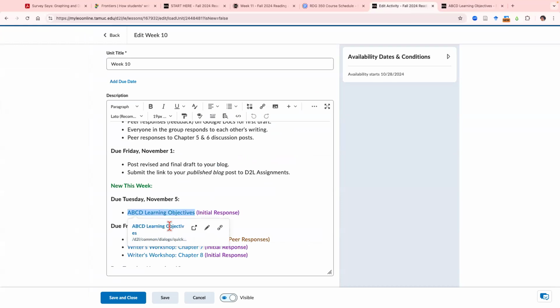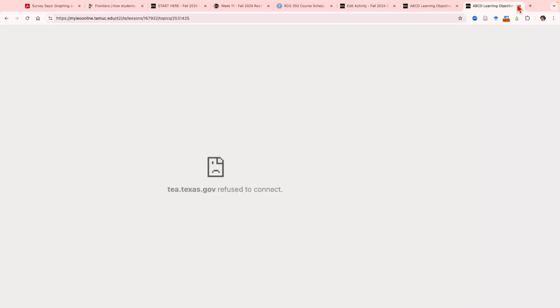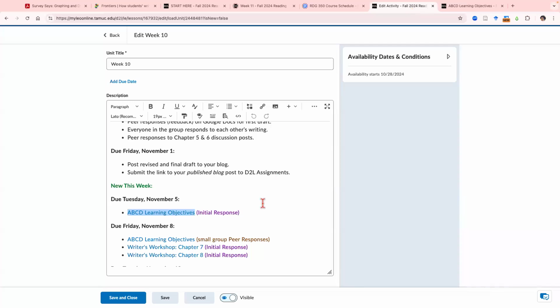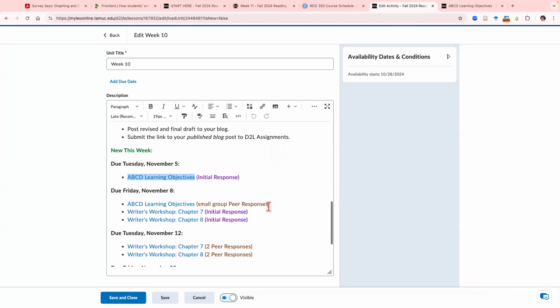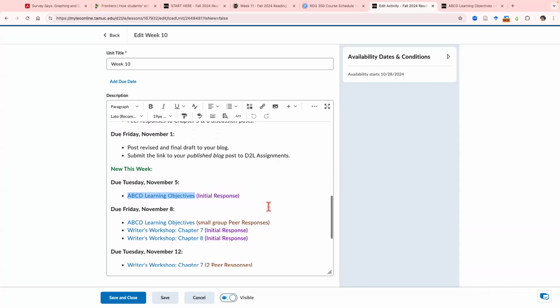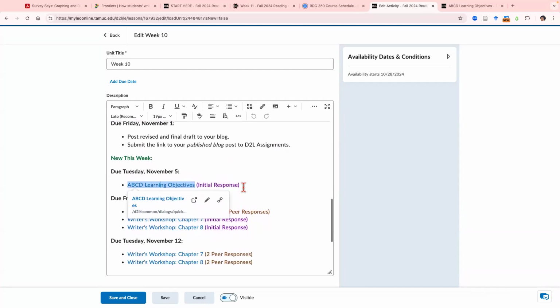Let's try that one more time. I am going to have to check that out. I apologize. I don't know why it's not working. It worked all day yesterday and into the evening. So at any rate, you should be able to see your learning objectives for early childhood there.